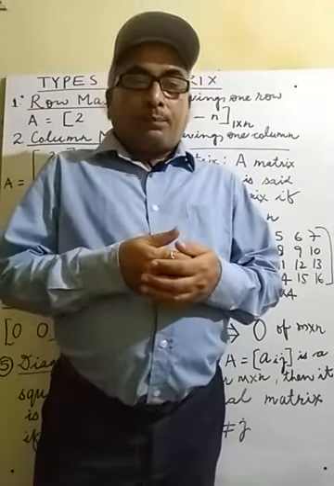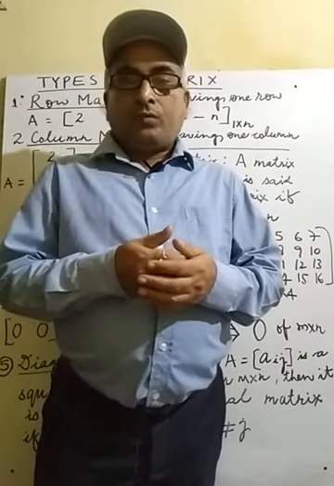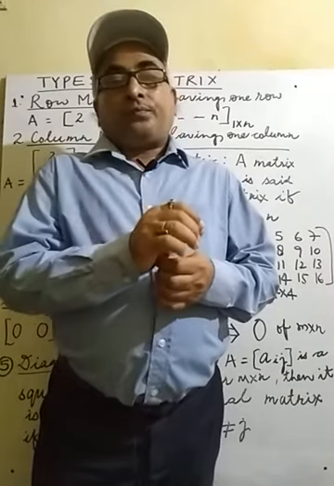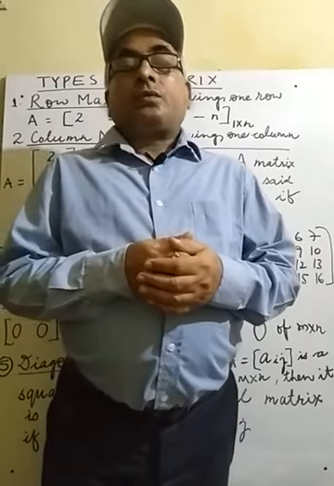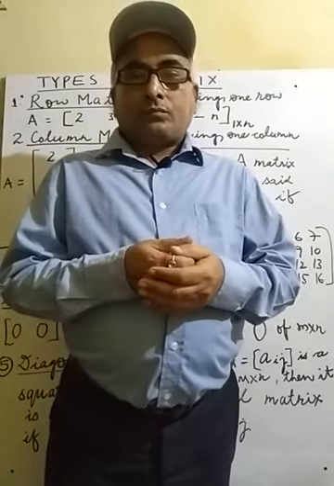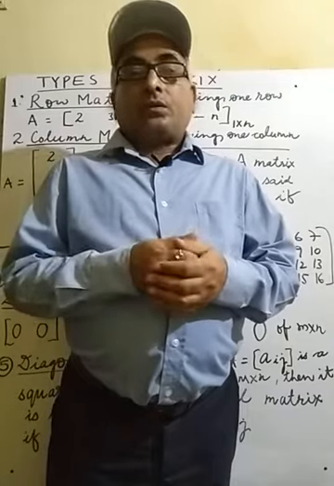The types of matrix, as we know, depend on the special feature of each matrix. Different types of matrices will be discussed here, and you will see how many there are. Especially there are 8 types of matrices. What are those? First one is row matrix. Second one is column matrix.